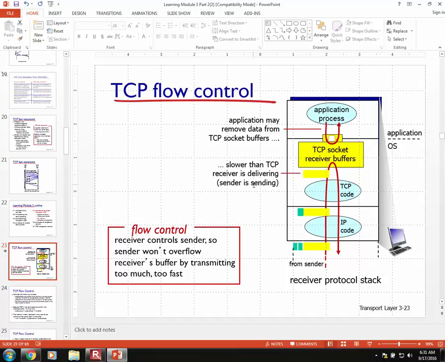So here we have an example where we have an application that has a socket communicating with its TCP socket receive buffer.